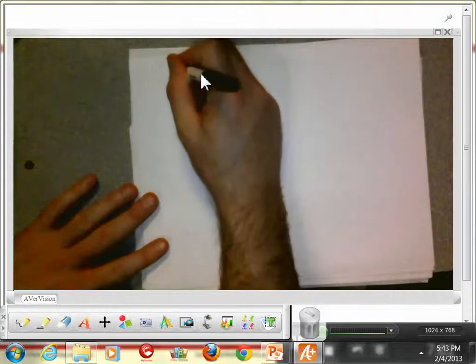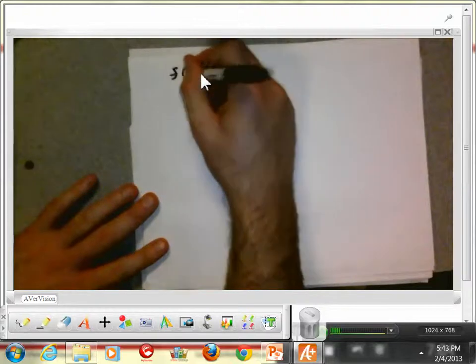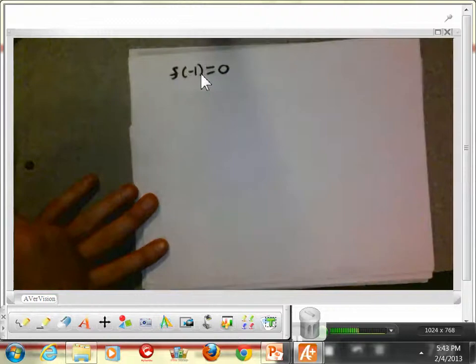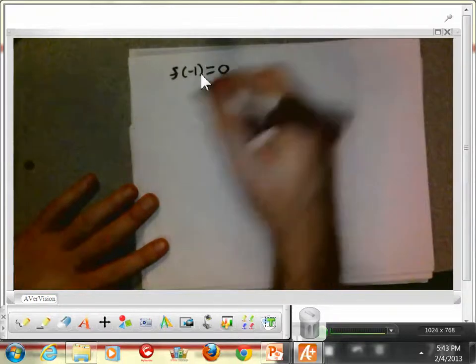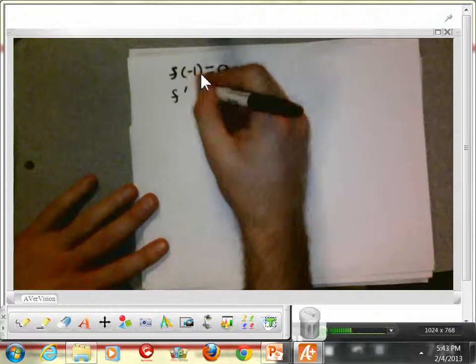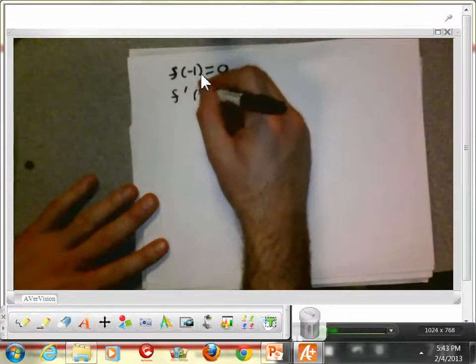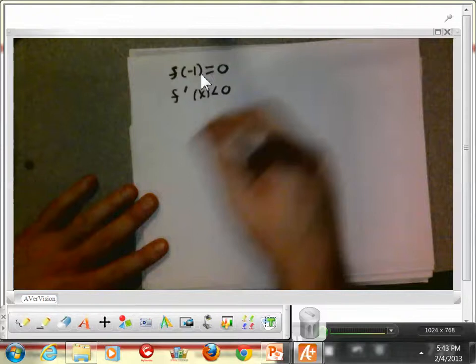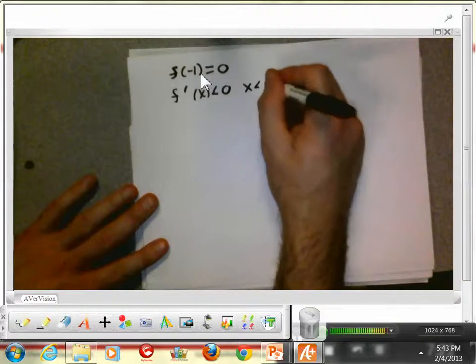Okay, so we have our conditions here. First, f of negative 1 is equal to 0. This means the actual function has a value of 0 at negative 1. We know that the derivative is less than 0, which means the function is decreasing when x is less than negative 1.